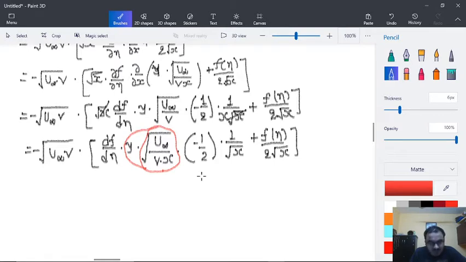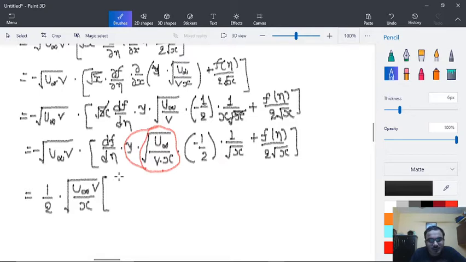And one more thing that we will be doing here is, you see what we are doing now is 1 by 2 into square root of u infinity into nu divided by x. So what we have done, that we have taken minus, if you see this denominator, we have taken minus 2 square root of x outside.